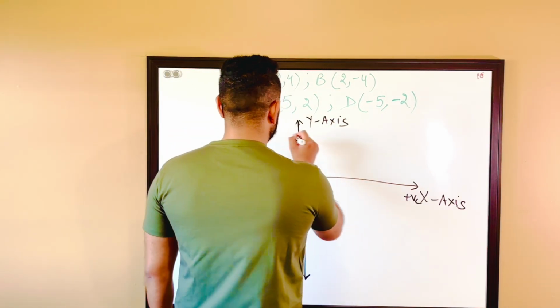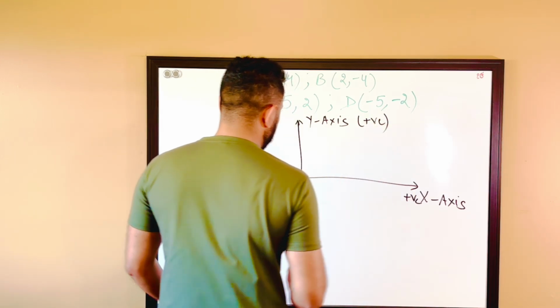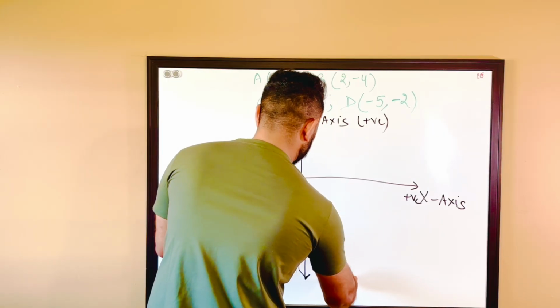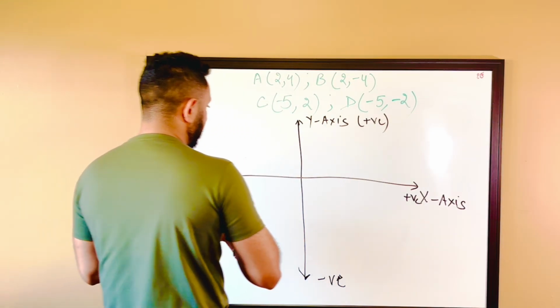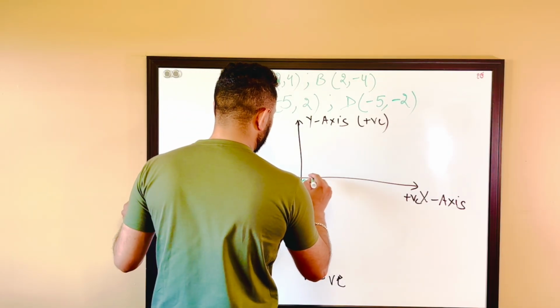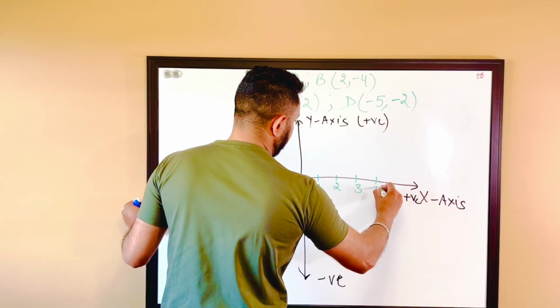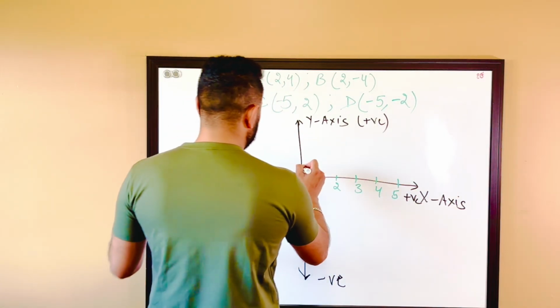And for the y-axis, the points upwards they are positive, and the points downwards they are negative. So let's mark, this is 0, 1, 2, 3, 4 and 5 and so on up to infinity.